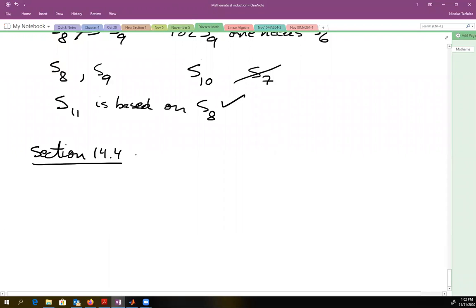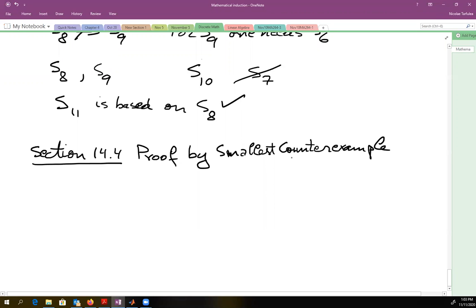Okay, so let's talk about section 14.4 now, which is about proofs by smallest counterexample. Okay, this is a hybrid.